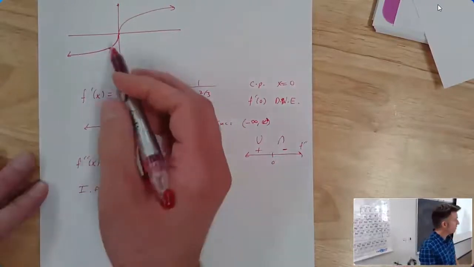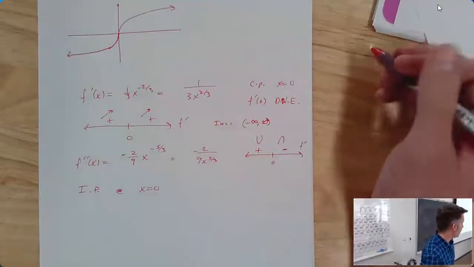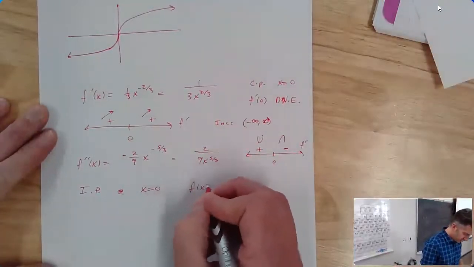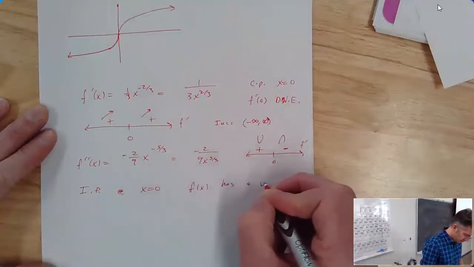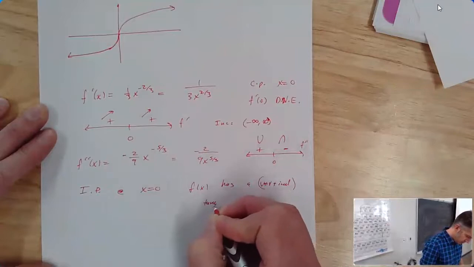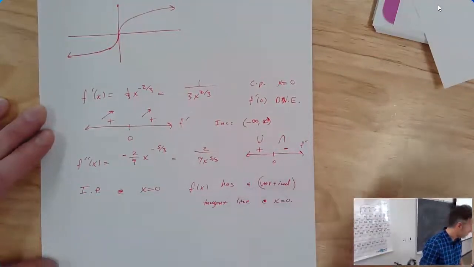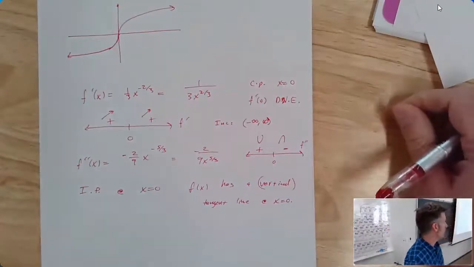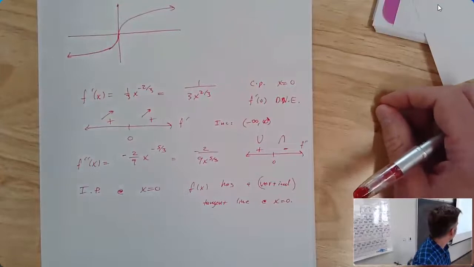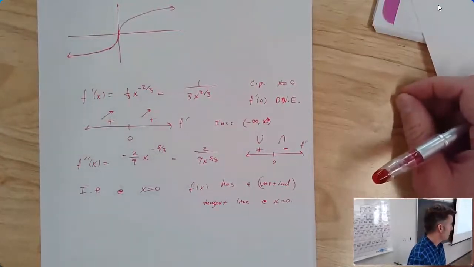Because even though the first derivative is undefined at 0, the function does have a vertical tangent line at that point. It's kind of an annoying distinction, but it's kind of the way people define it.